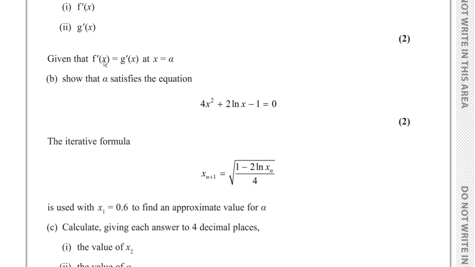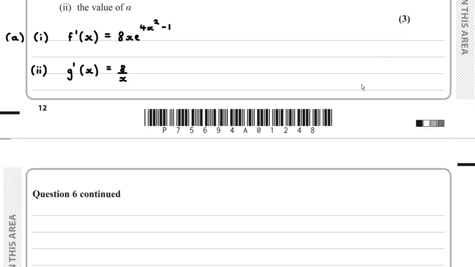Given that f dash of x equals g dash of x at x equals alpha, part B, show that alpha satisfies the equation 4x squared plus 2 times the natural log of x subtract 1 equals 0. To begin with, we have f dash of x equaling g dash of x.